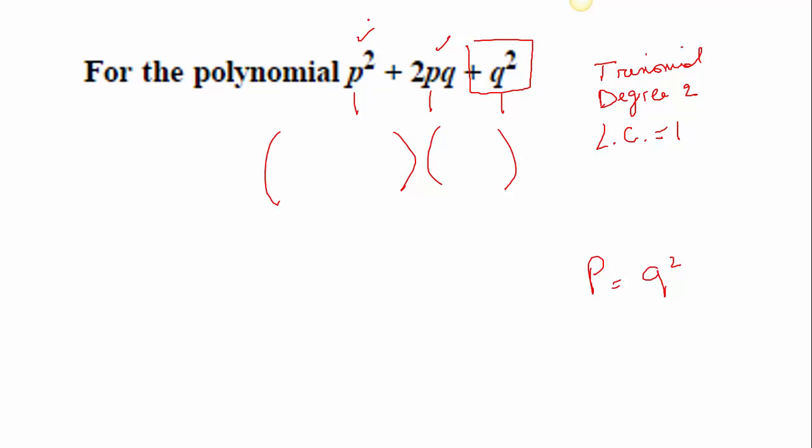Remember when we do x squared plus 5x plus 6, we always assume that x is the variable. But since here we have two variables, I want you to assume that p is the variable and q is like 5 and like 6. It's a constant, okay? So in this case, if the product is q squared, what would be the sum? Assuming p is the variable, the sum would be 2q.